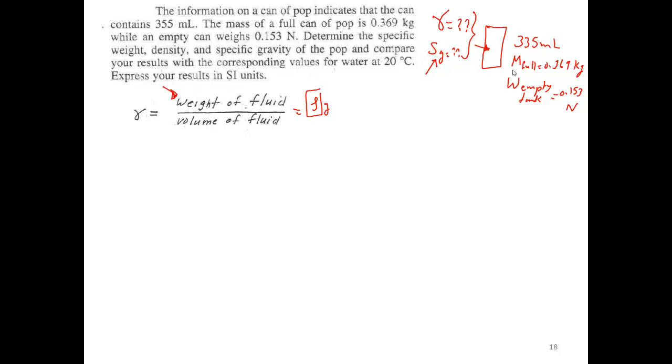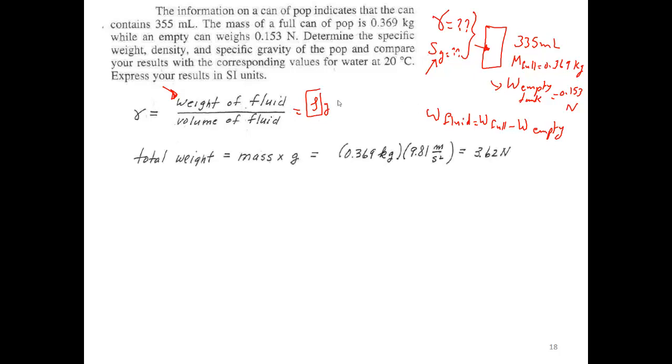We have the full weight of the can, which includes the can itself and the fluid, and then we have the empty. If we subtract those two we get the weight of the fluid. Weight full minus weight of empty can.